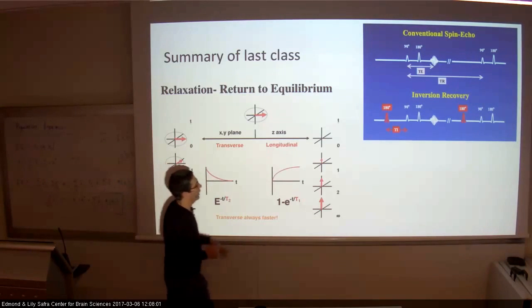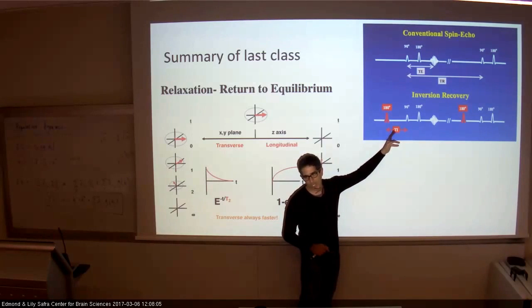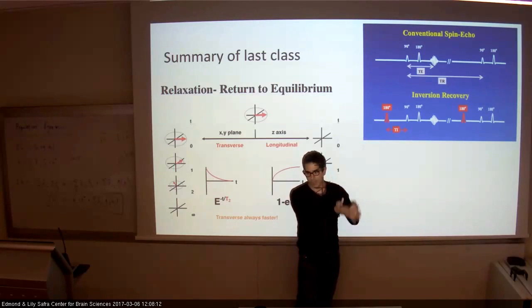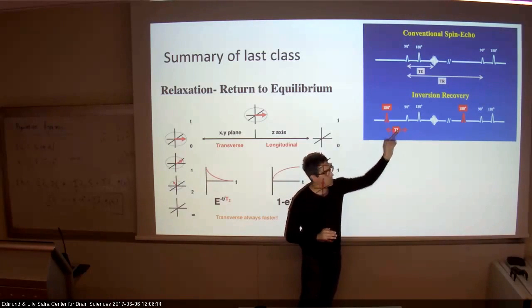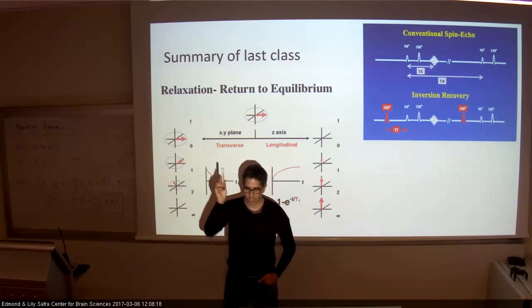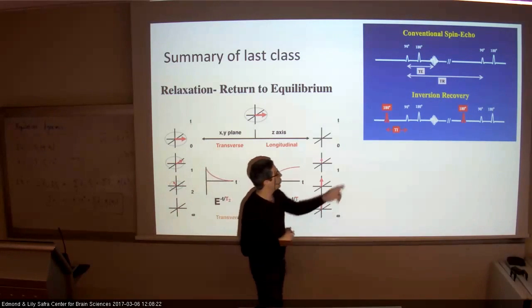But if I would do it again and again and again, I will get exactly the same signal, right? But now I will do something else. I will also add another pulse in the beginning. I'm just going to move 180 before this 90. So my vector is still projected toward the z direction. I'm flipping them, right? So it doesn't make a difference for our spin echo.